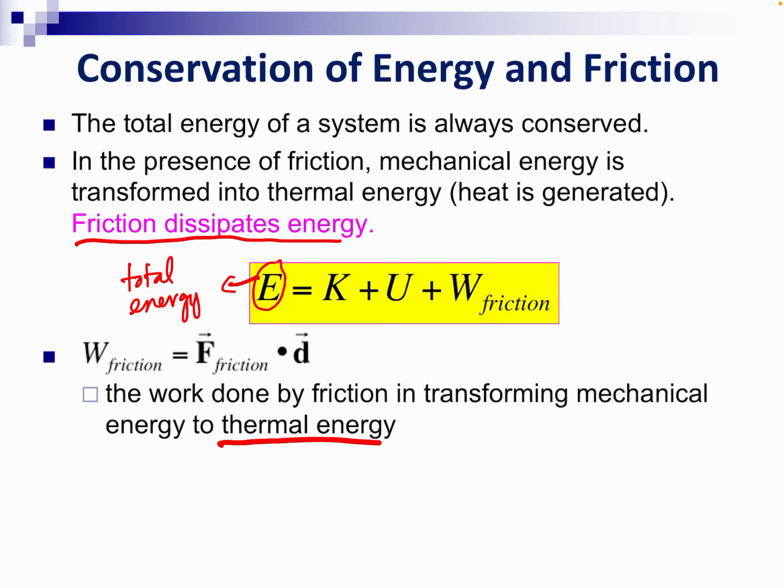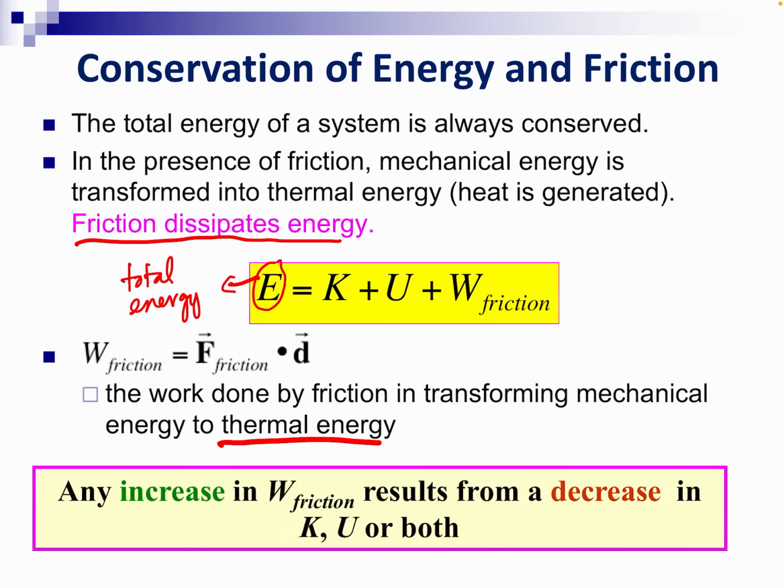So friction transforms the kinetic or potential energy to thermal energy. Any increase in the work done by friction will result in a decrease in kinetic energy or potential energy. And this is why friction slows things down. As something slides across a rough surface, friction will do work in stopping this moving object.